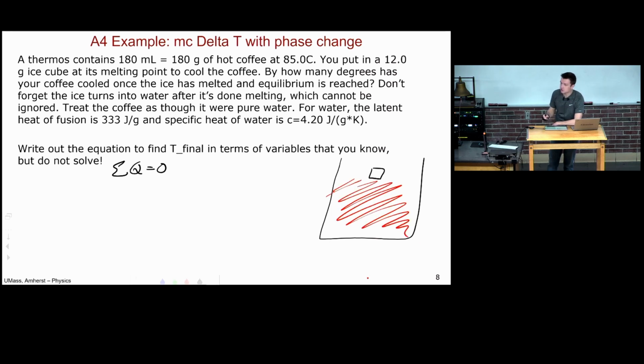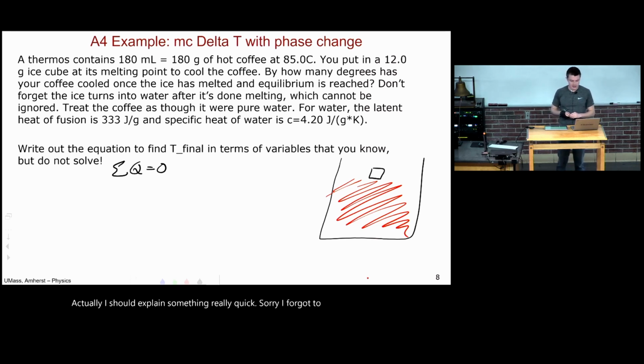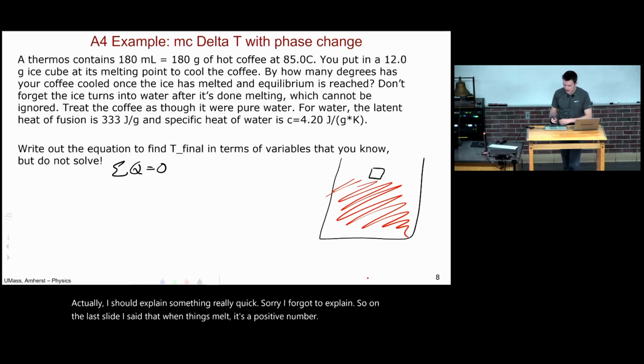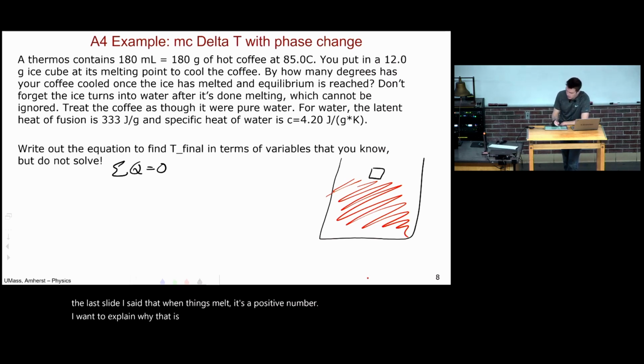Okay, actually, I should explain something really quick. Sorry, I forgot to explain it. On the last slide, I said that when things melt, it's a positive number. I want to explain why that is. In this case, once the ice cube melts, there's going to be M water, C water, delta T water. Okay?